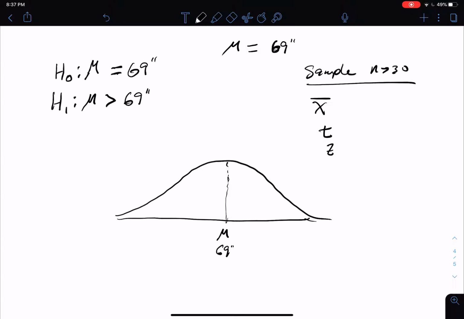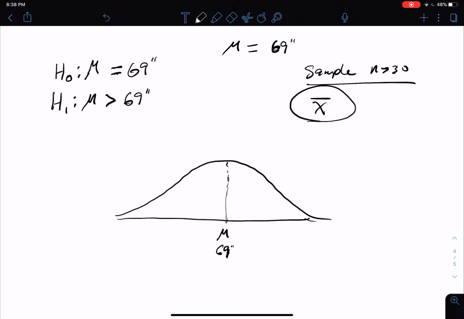There's going to be a formula that gives us this test statistic. But I want to forget about that part for right now because I'll go into more detail in the next section. If I was taking a sample mean, wouldn't that be the next best thing? If I was wondering if my population mean was actually 69 inches, one way to do that is to get a simple random sample of, let's say, 100 adult males.